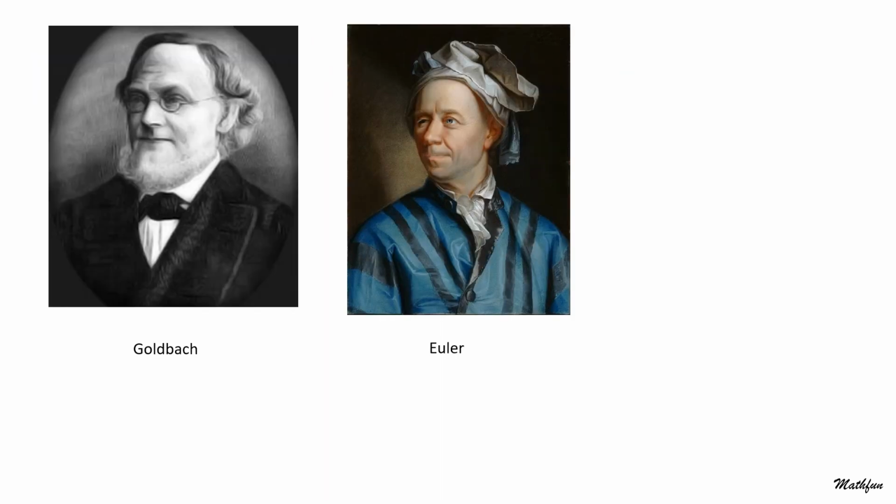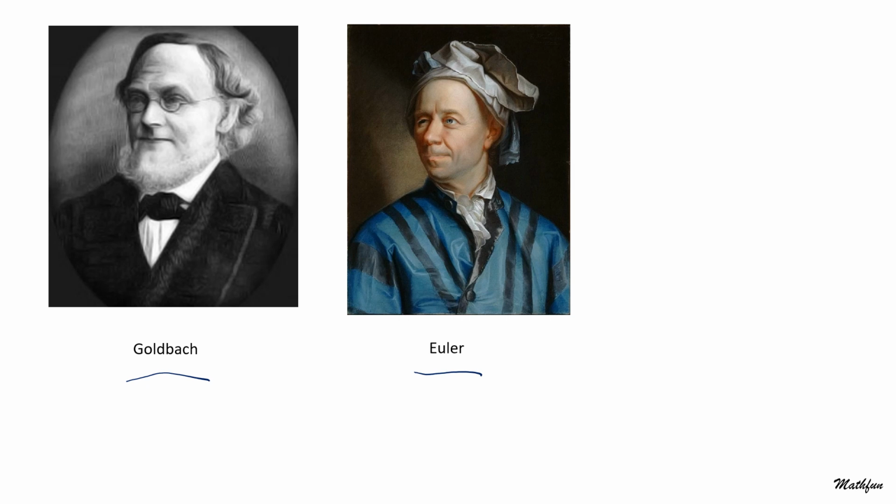And two mathematicians can serve as two examples. I'm pretty sure you know Euler, one of the greatest mathematicians in history, and you may have heard about Goldbach. He obviously wasn't as famous, but he was famous because of his conjecture.